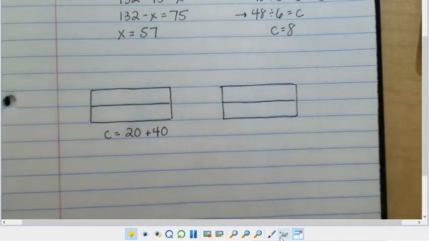So pause the video and work that one out. Draw your model. And solve for C.